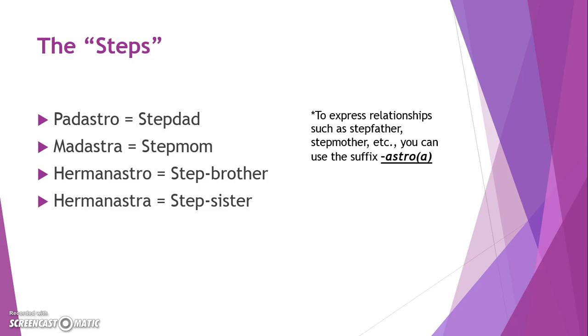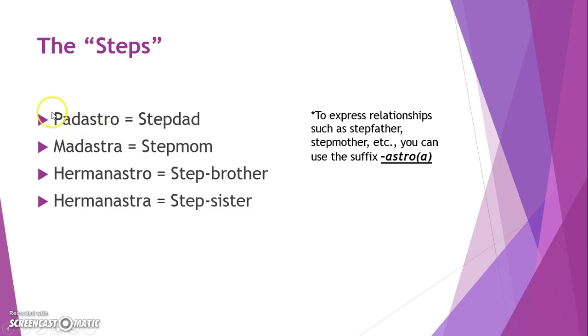Okay, moving on to the steps. All right, so to express relationships such as stepfather, stepmother, brother, sister, etc., you can use the suffix astro or astra. Okay, so here's an example. If we look at the first one, you will see padrastro significa stepdad. Okay, it looks very similar at the beginning to padre. See the PAD? Very similar to how padre starts.